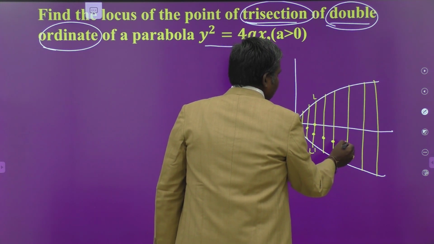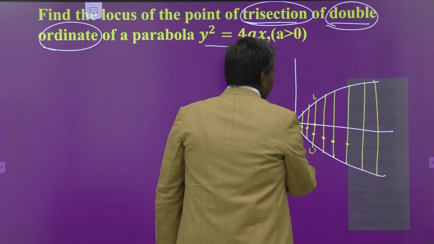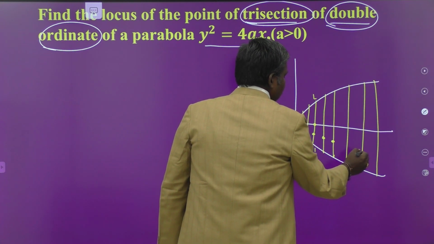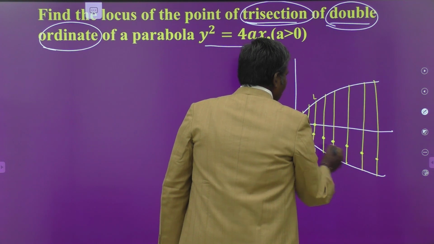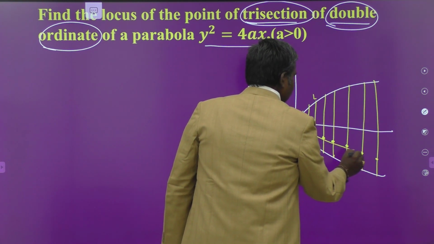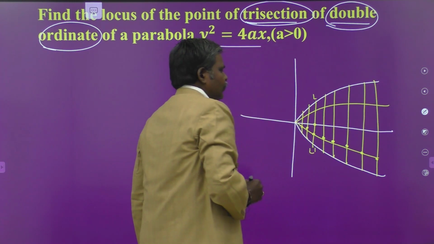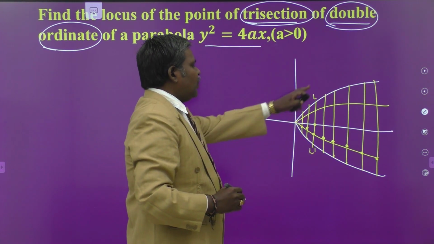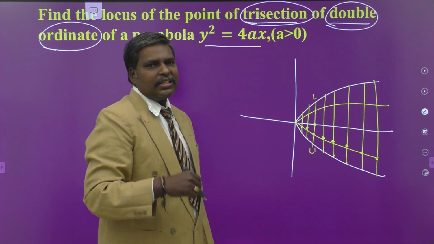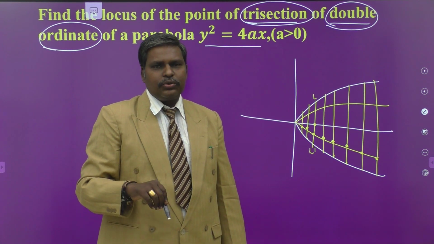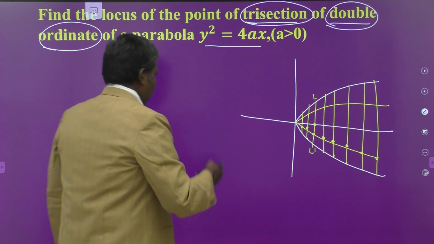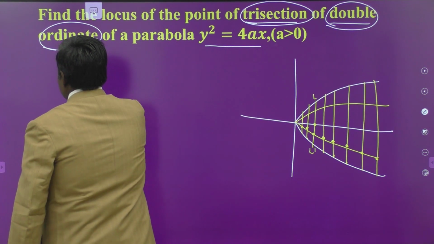This is the point which divides the segments in the ratio 2:1. You collect all the points, you get some locus. Similarly here also, this is 1:2. So a point which divides in the ratio either 2:1 or 1:2 is called the trisection point.